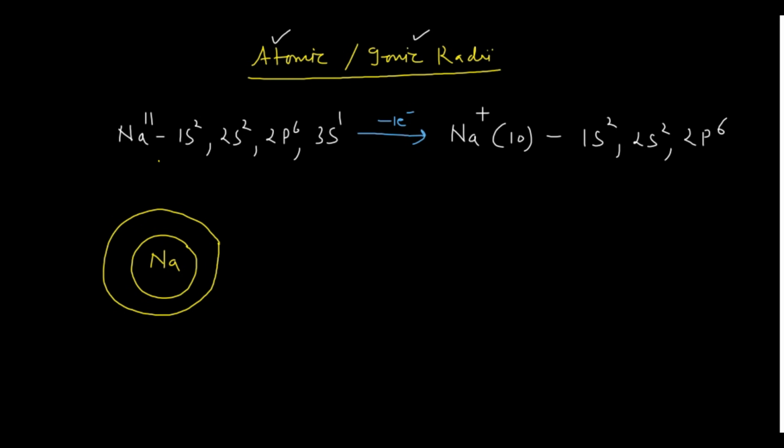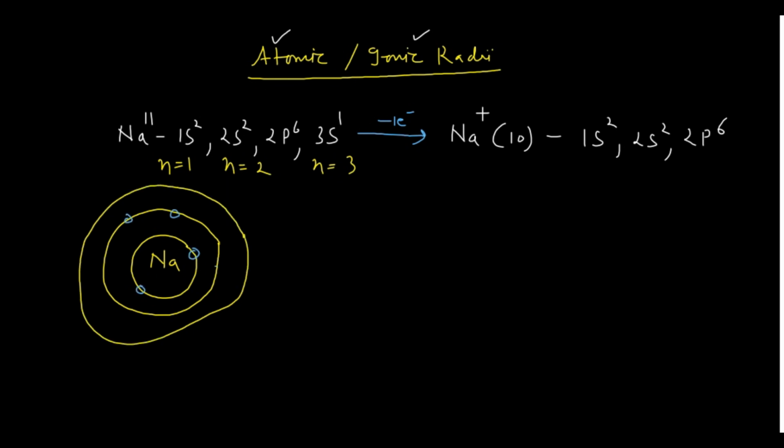So basically this is n equals 1, n equals 2, and n equals 3, the principal quantum numbers. So I can write the third one here: 8 electrons in the second shell, and 1 electron is here.